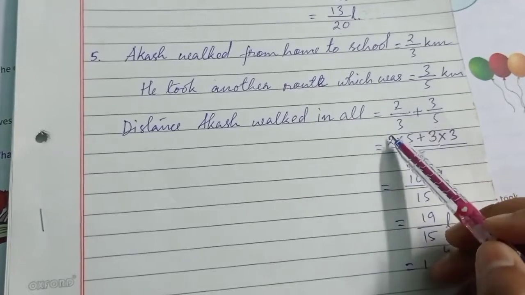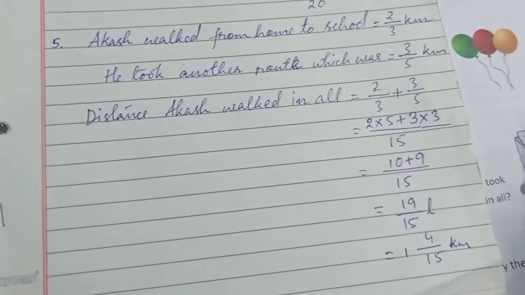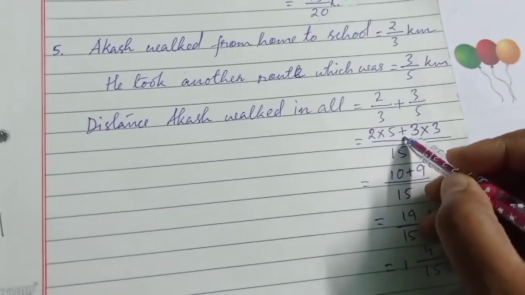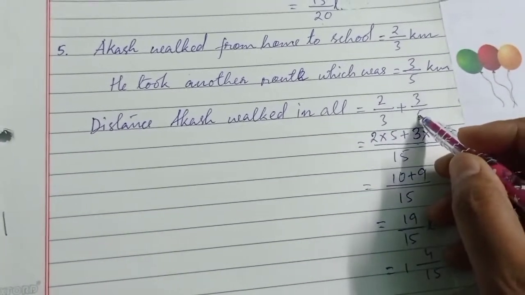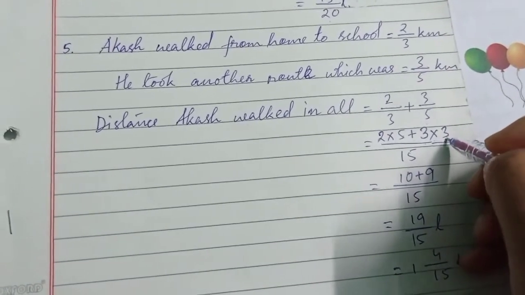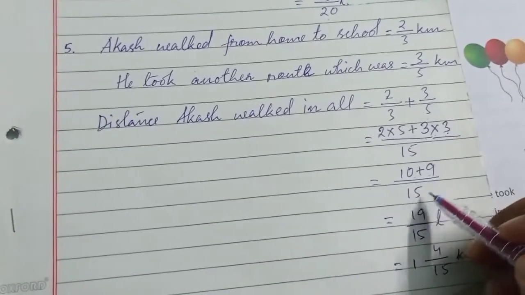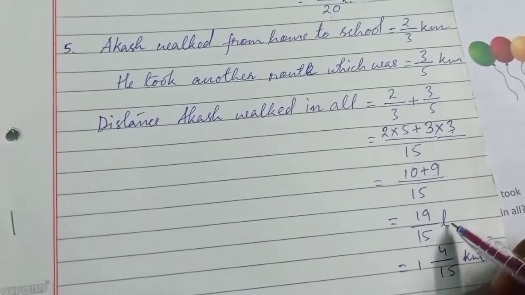Again you put 2 into: 3 into what is 15? 3 fives are 15, so you put 5. Plus 3 into: 5 into what is 15? 5 threes are 15, so you put 3 here. So 2 times 5 is 10, 3 times 3 is 9, by 15. So you get 19 by 15 liter.